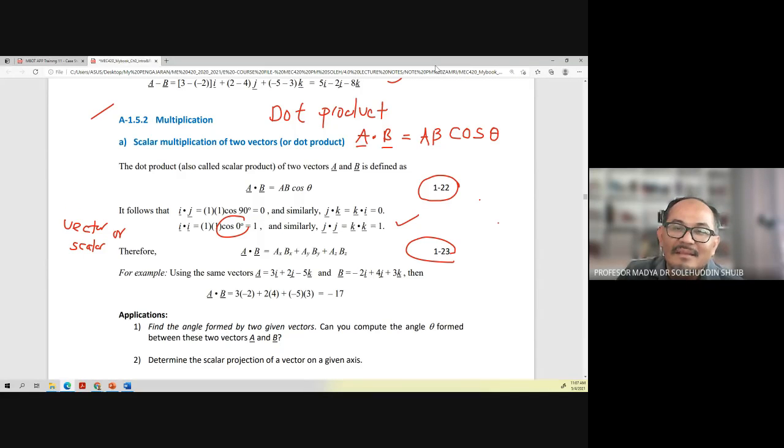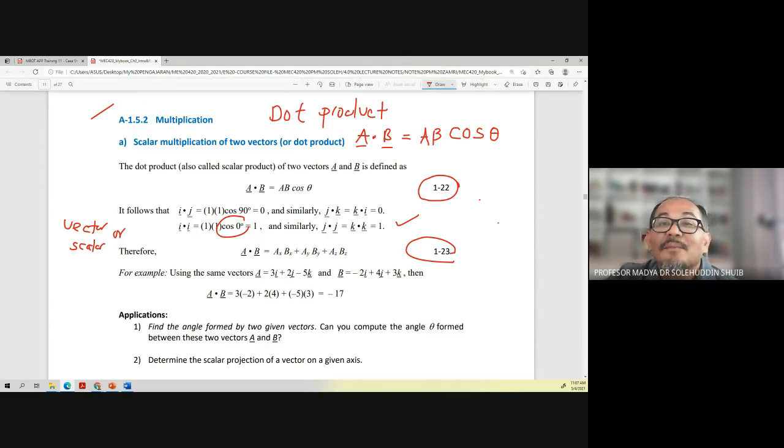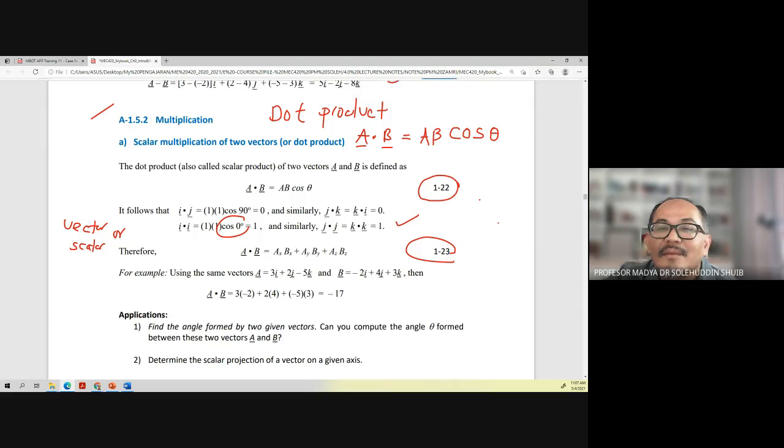Please raise your hand. There is a raise hand button there. How many of you say that the dot product is a scalar?